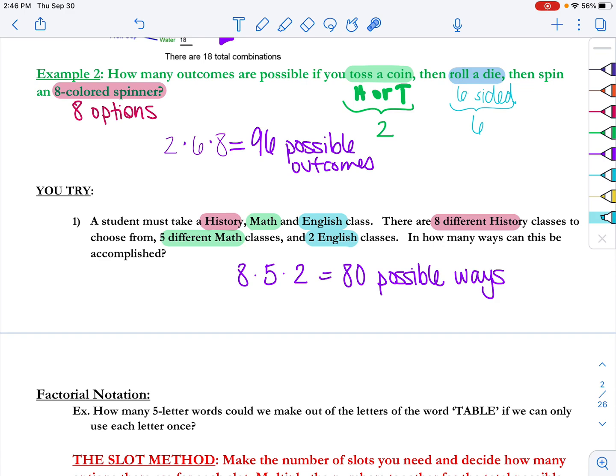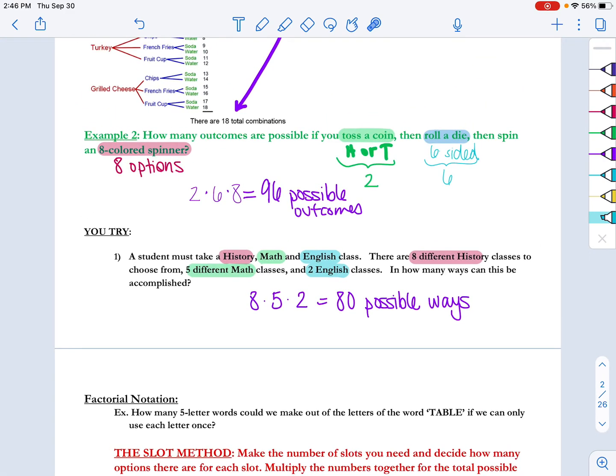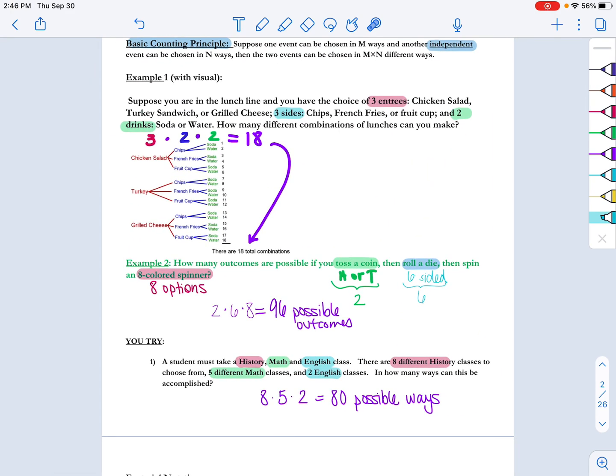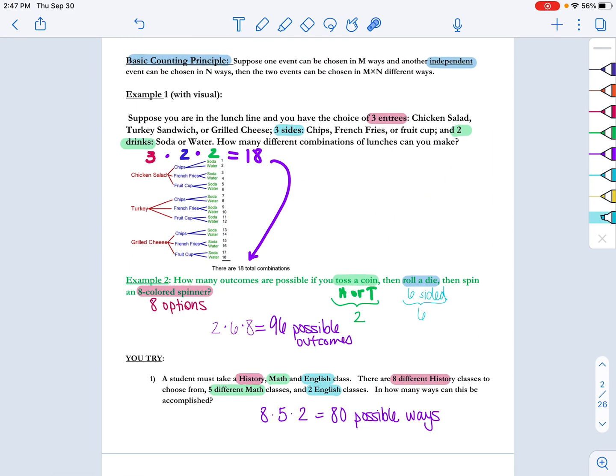So be really nice to your counselors, because this is what they have to figure out when you guys are doing your scheduling soon. There's so many different ways to figure out. And then multiply that by how many students there are, it gets crazy. Okay, so this is the basic counting principle. Again, we just take the number of options for each possible scenario and then just multiply them together. But remember, this only works if the events are independent, okay?